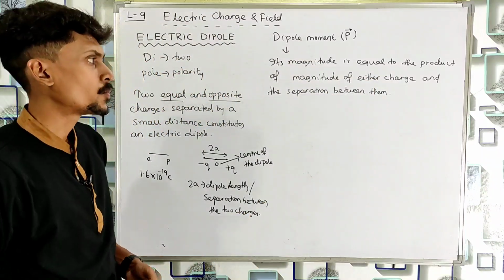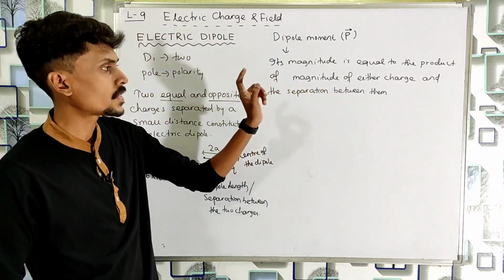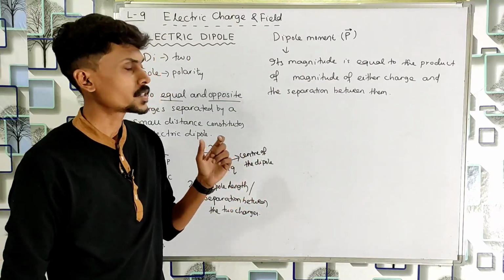The magnitude of the dipole moment is equal to the product of magnitude of either charge and the separation between them.